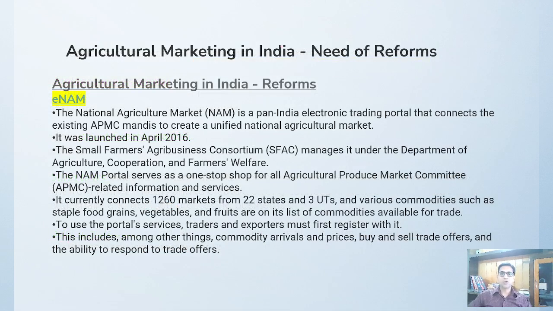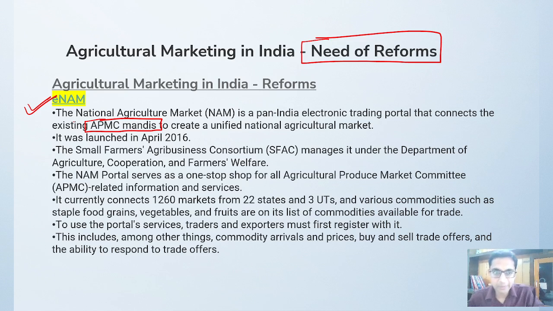So the government has come up with certain reforms, out of which one is the ENAM, Electronic National Agriculture Marketplace. These are there in the APMC Mandis, Agriculture Product Marketing Committee, where ENAM facility, electronic buying and selling of the products, happens.